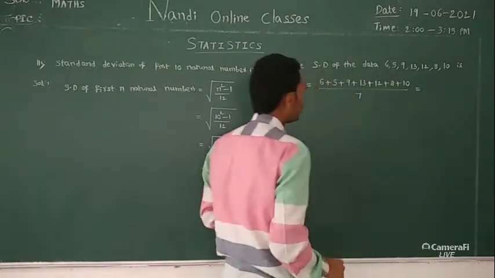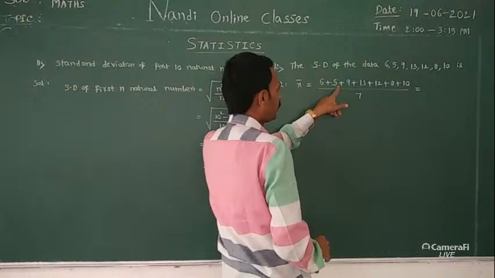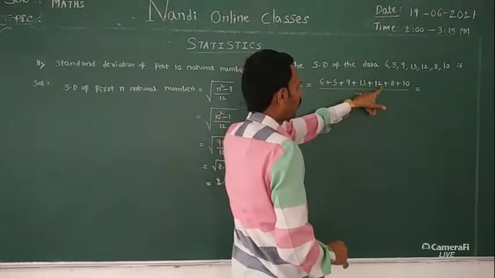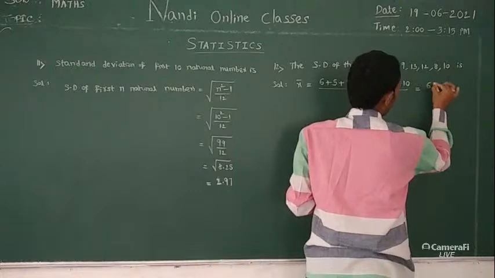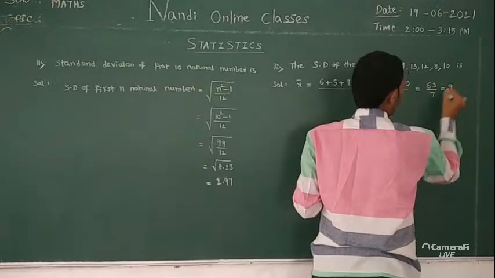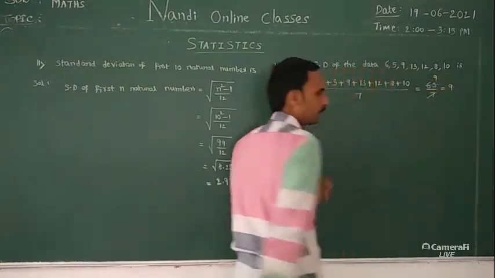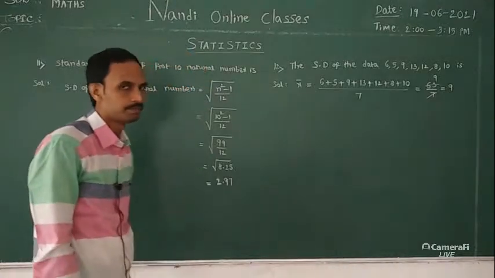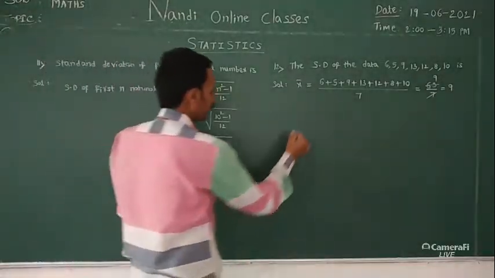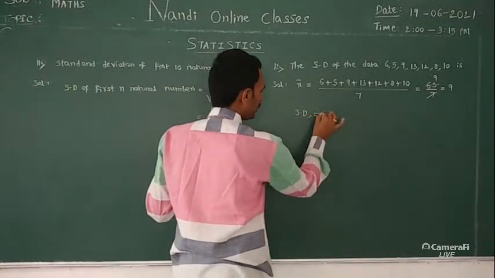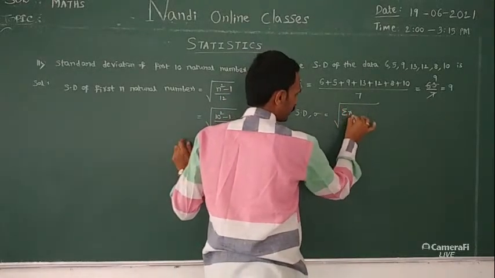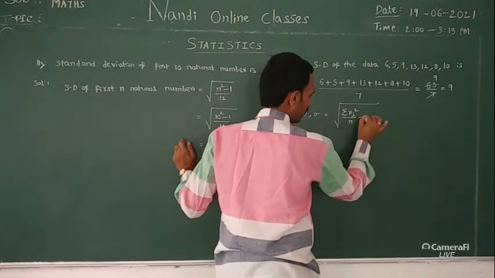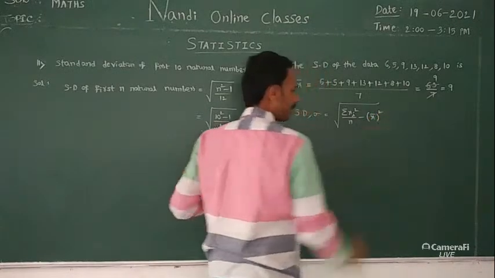Adding it: 6 plus 5 is 11, 20, 45, 53, 63, divided by 7 is equal to 9. So the mean is 9. Standard deviation, SD, denoted by sigma, formula root of summation xi square by n minus x bar whole square.